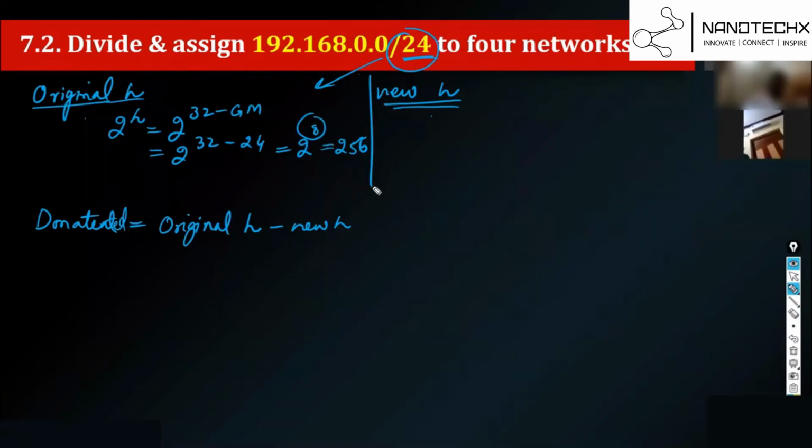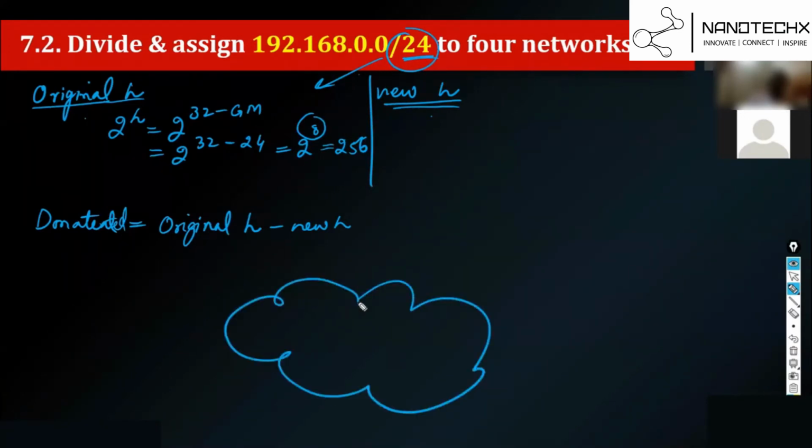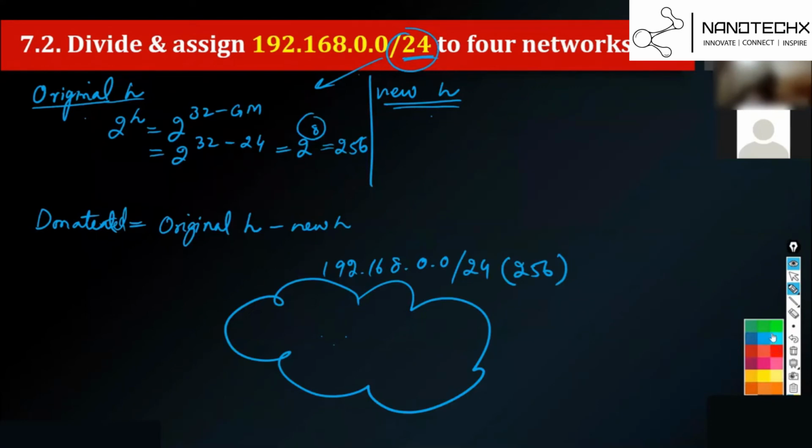So what does he want us to do? He wants us to make 4 subnets. Let me write down here. This is the original subnet, 192.168.0.0/24, which gives us 256 hosts, right? They want us to divide these 256 hosts into 4 subnets.